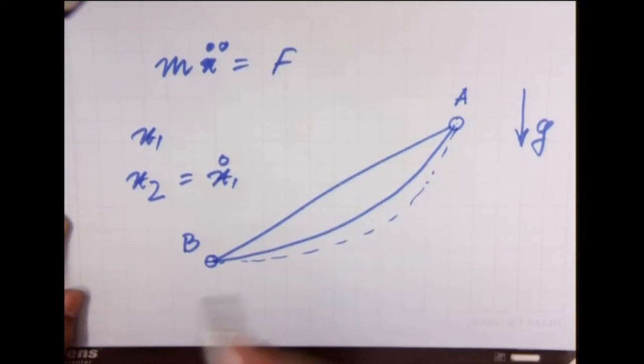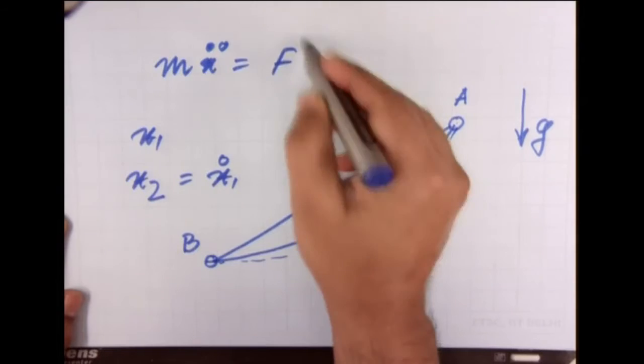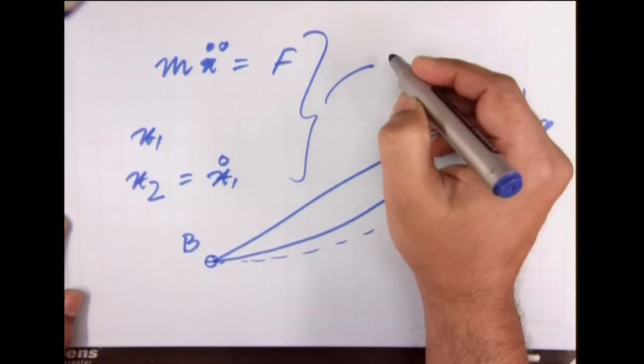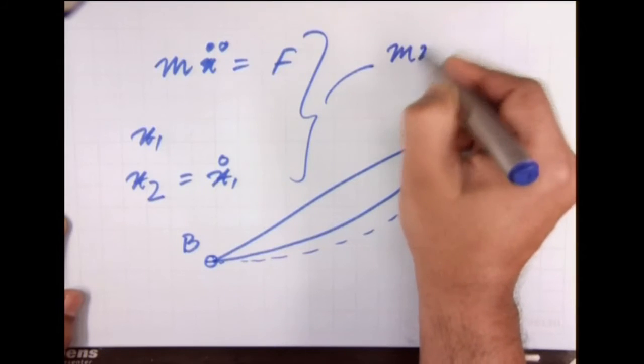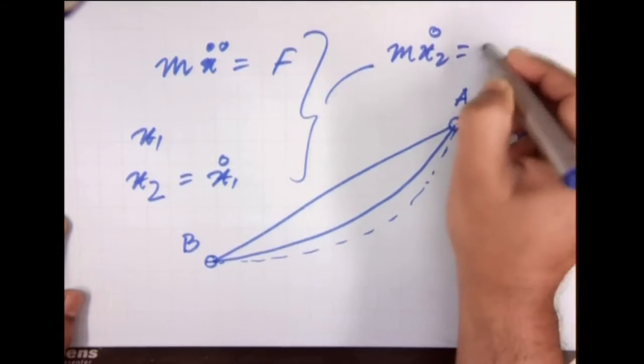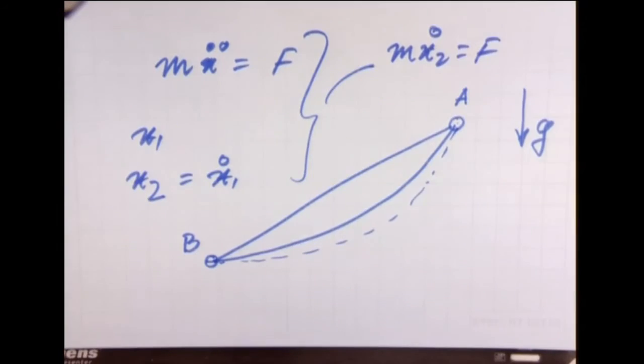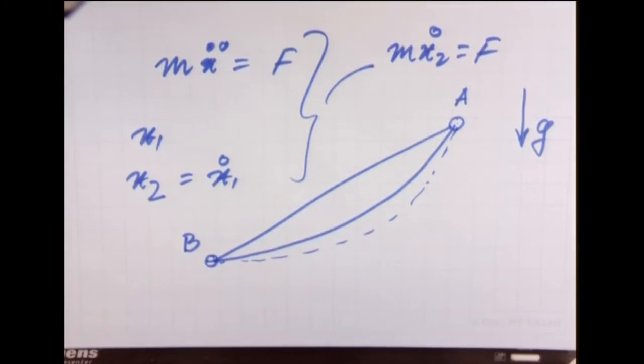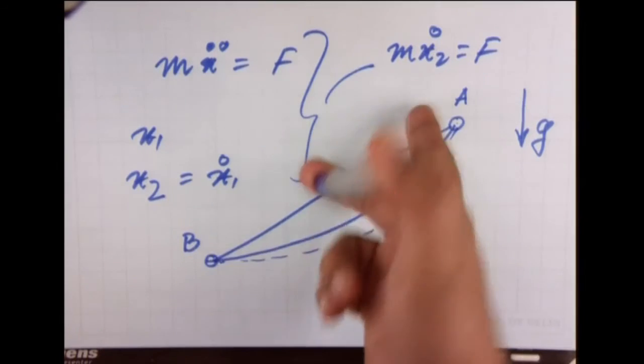Then you write this equation as m x2 dot is equal to f, and you simply solve for it and you will get x1 values, which then give you the x values. This is what you have to do in MATLAB.